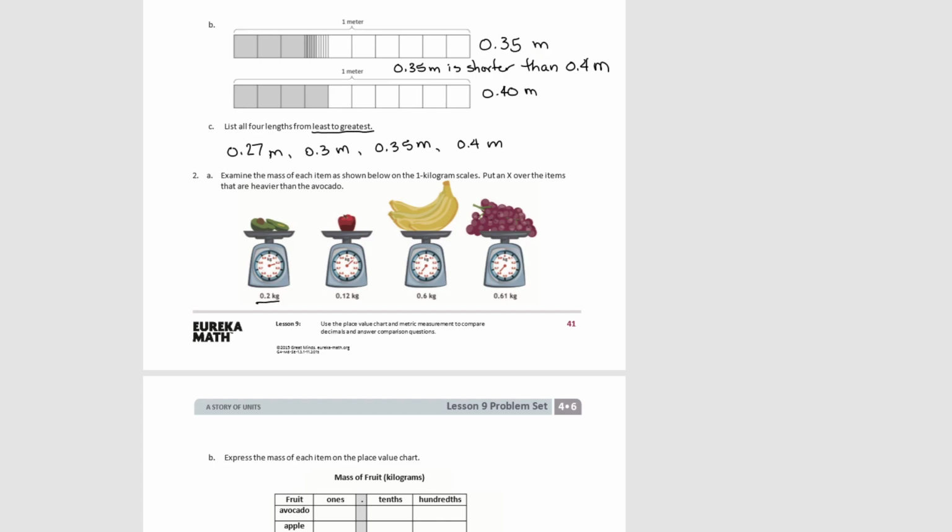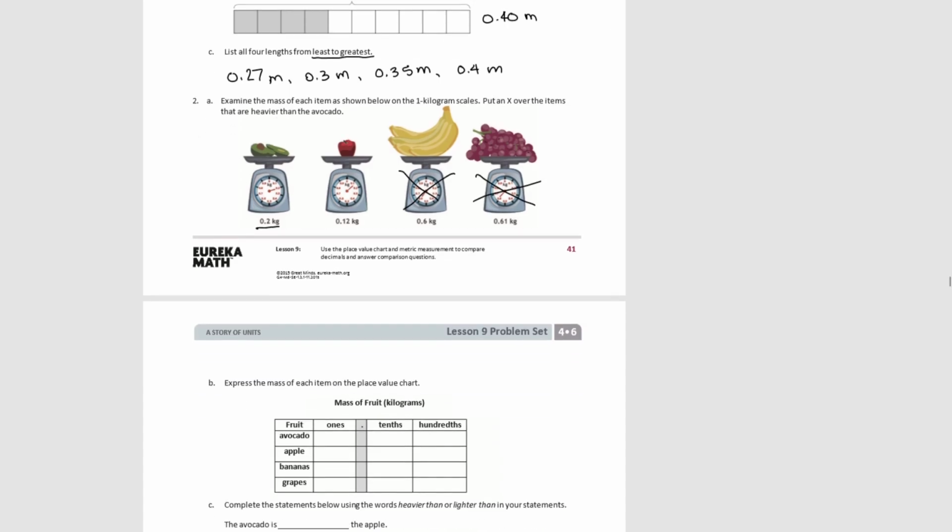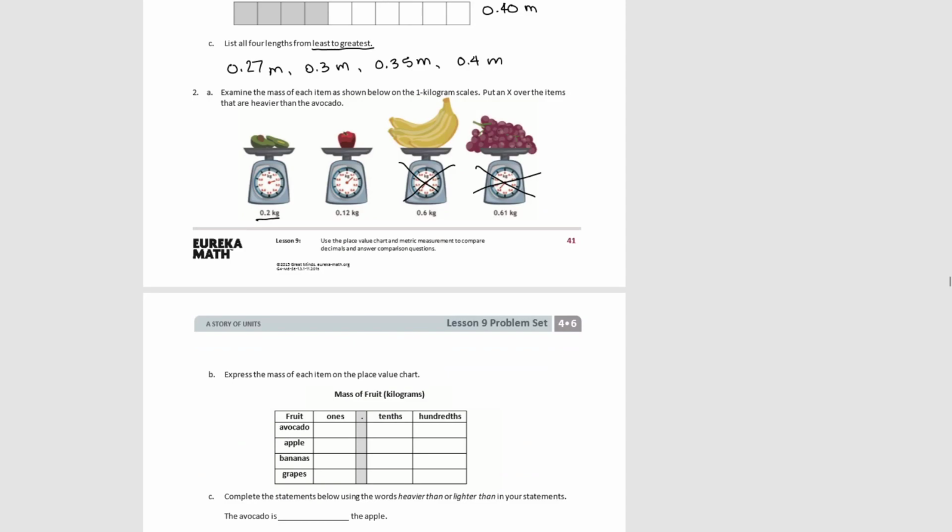The bananas are 6/10 of a kilogram, which is greater than 2/10, so we'll put an X on that one. And the grapes are 61/100, which is 6/10 and 1/100, which would also be greater than 2/10 of a kilogram. So those, the banana and grapes would be heavier.